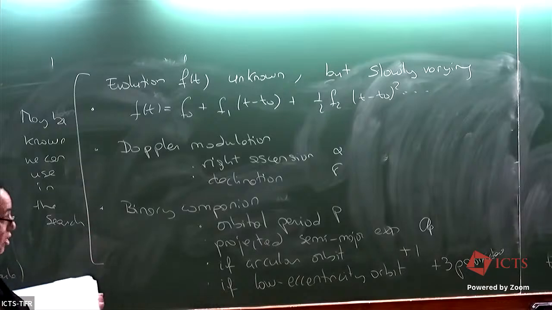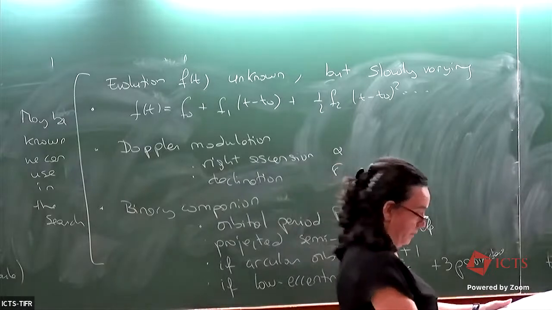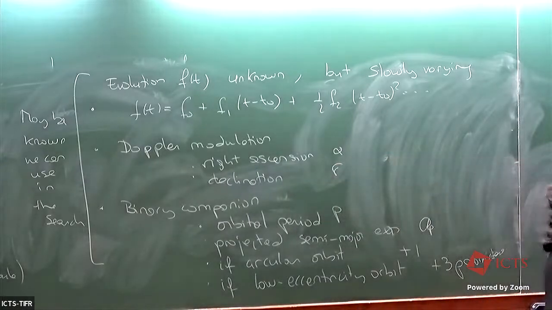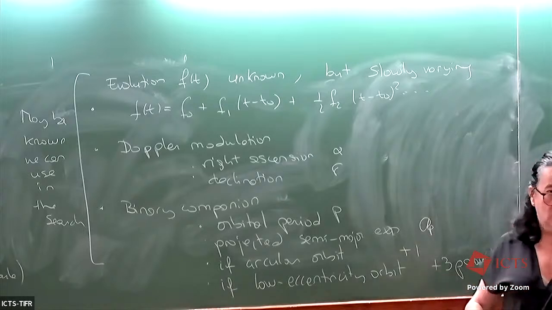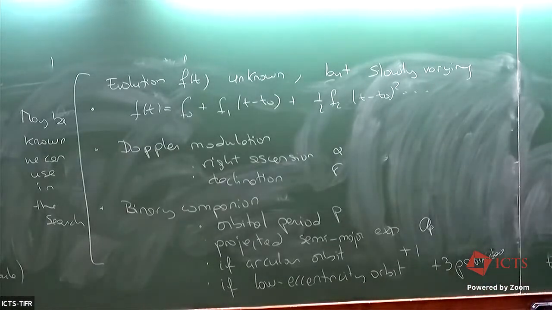And if they are not known, we will have to search for all of them. So there have been a number of algorithms that the different groups and the different parts of the collaborations have developed depending on what is known or not known regarding the signals. Okay?